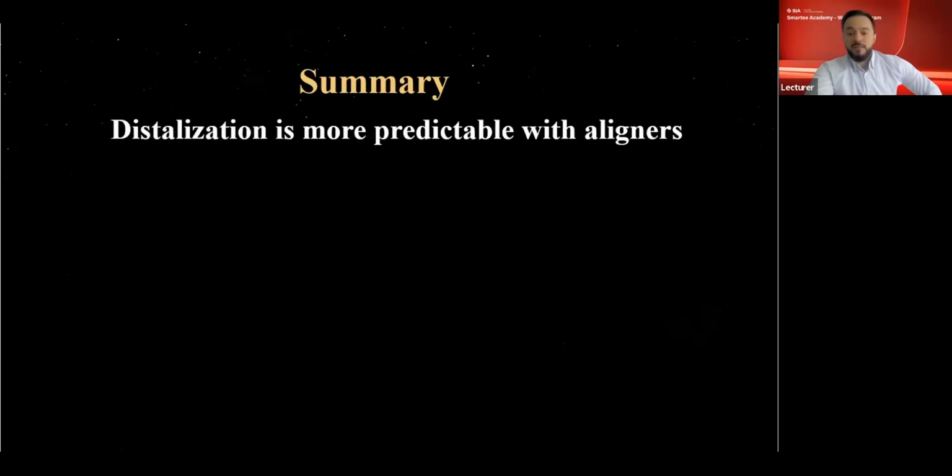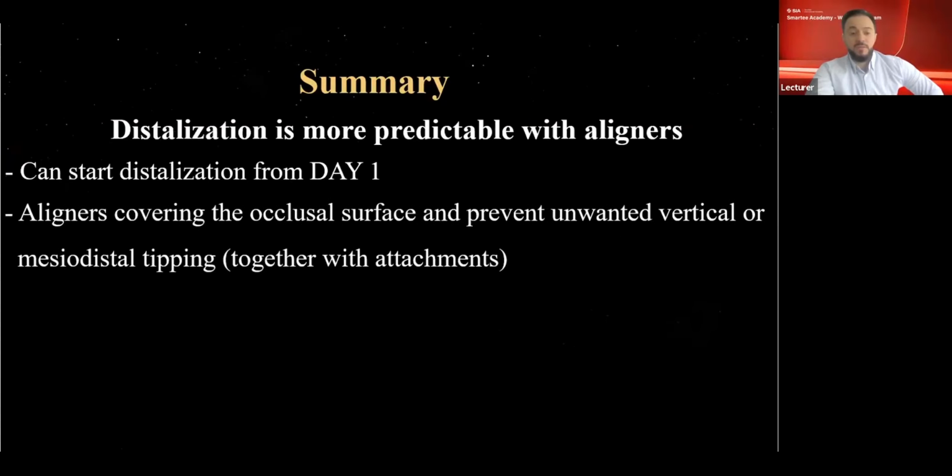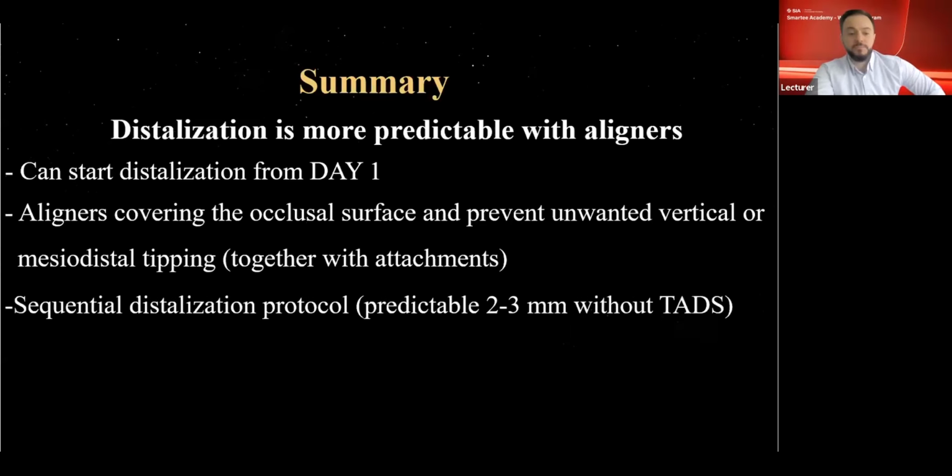So to summarize, distalization, we know that it's more predictable with aligners in general, because we can start from day one. The mechanics of the distalization process with aligners allow coverage of the occlusal surface, and it will prevent distal tipping of the crown and any unwanted vertical movement, as the aligner is covering the occlusal surface together with attachments.